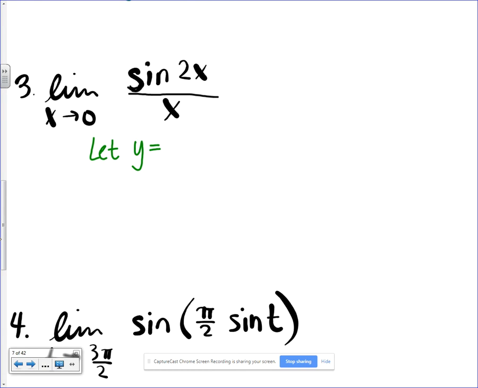The 2x, that's the piece that looks out of place, right? If that's just a regular x, we would be good to use that identity. Agreed? So we're going to say let y be 2x, then the limit as x approaches 0 of 2x is what? 0.